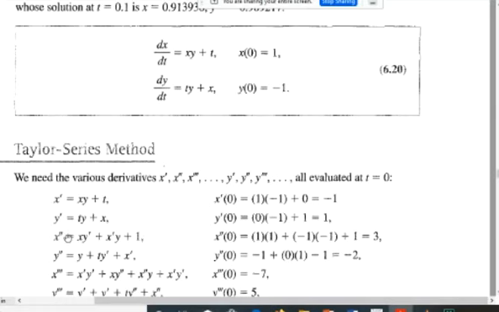Here we take derivatives with respect to the independent variable t, and x and y are the dependent variables in this case. The values of the second order derivatives of x we can find from the previous values, x prime and y prime, as you can see here.